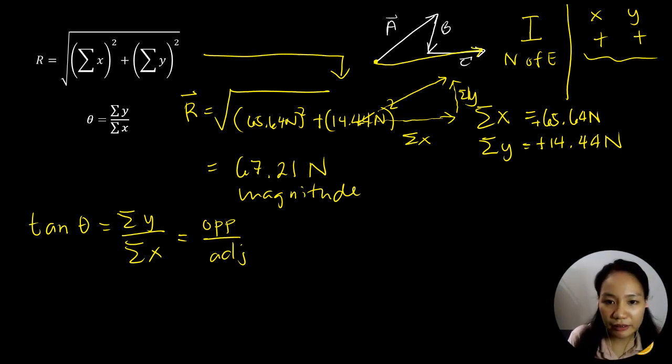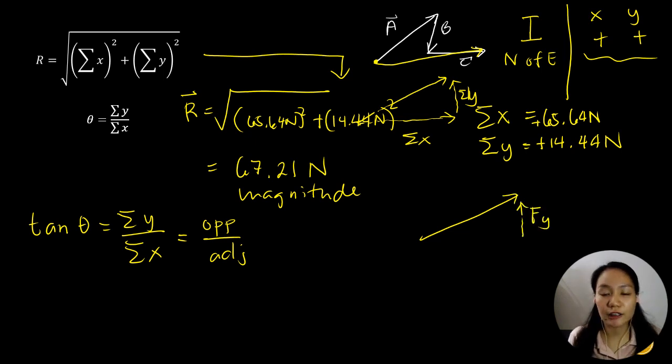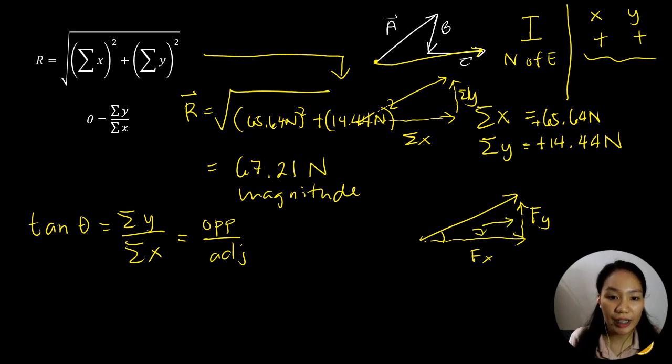So looking back at my figure here, the y component is along the opposite of the angle that we're looking for, and the adjacent is F sub x right here. So we will use the summation of all the y and summation of all the x in tangent theta to get the final angle. So to get the final angle, you use arctan.